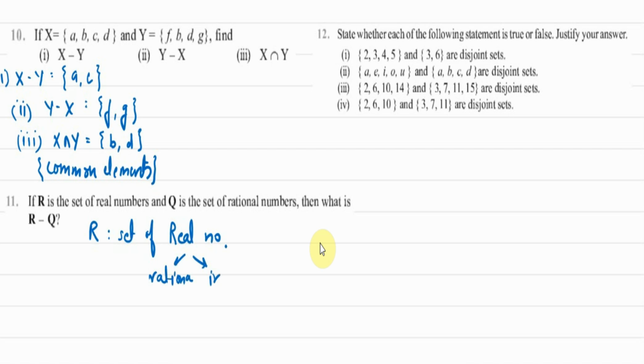So if Q is the set of rational numbers, then R minus Q will be the leftover numbers, which are irrational numbers. So R minus Q will be the set of irrational numbers.